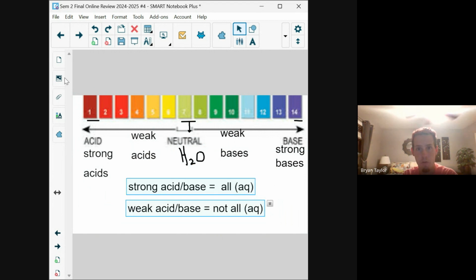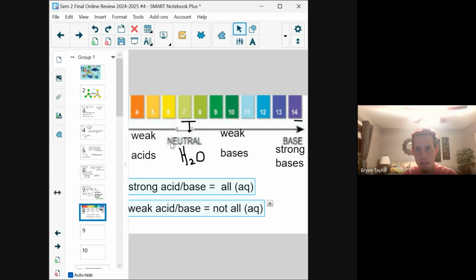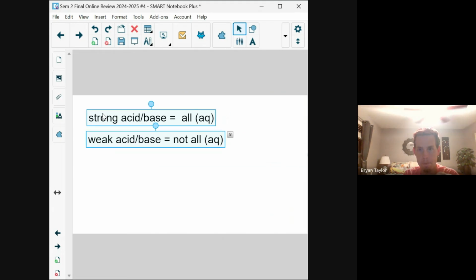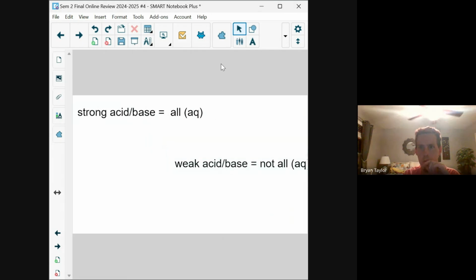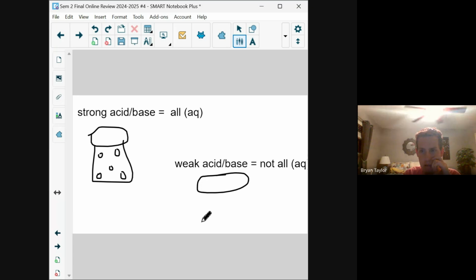I'm going to switch over so I can do the new drawing. I'll go back if you guys need me to. So with the strong acid and base, it's going to be all broken up. Nothing is together. If it's weak, it's not going to be all broken.